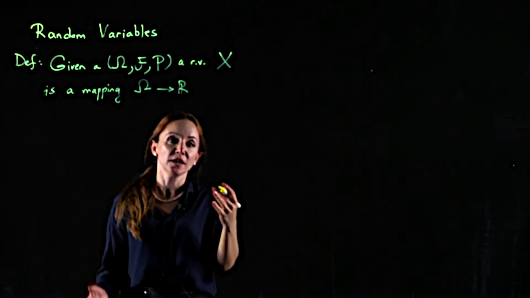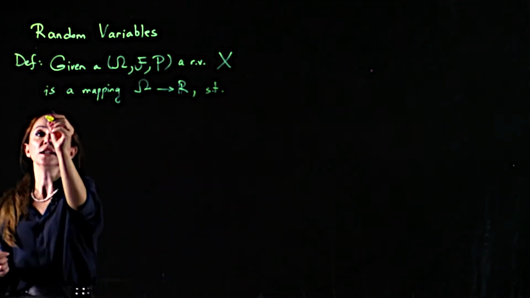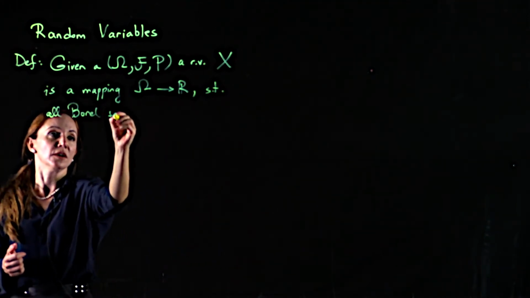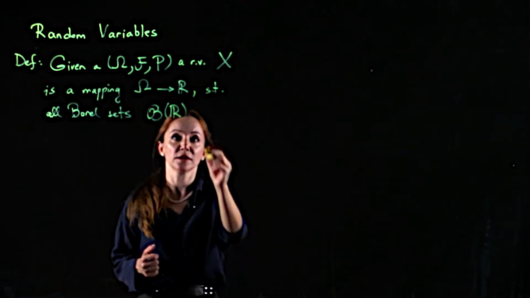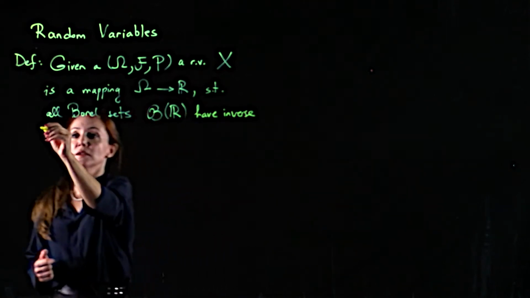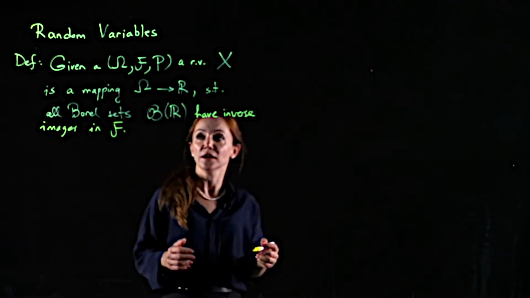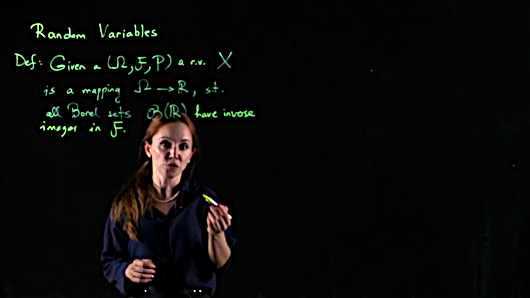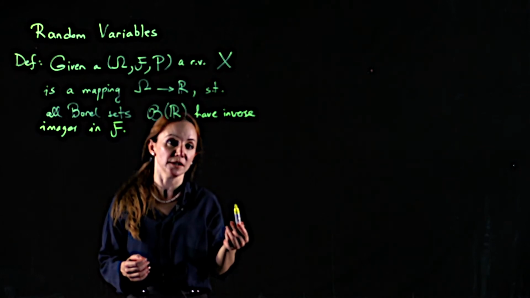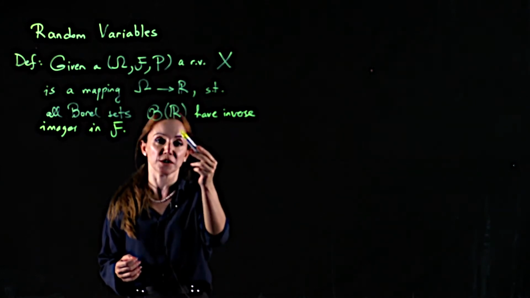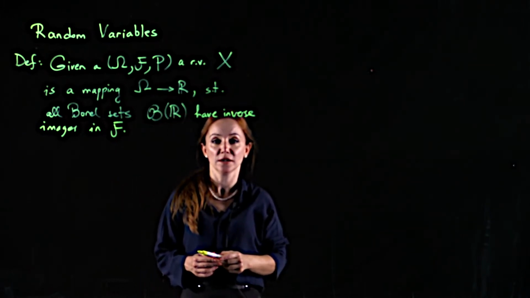But it's such a mapping that it is measurable, by which we mean that all Borel sets defined on the real numbers have inverse images in the sigma algebra F. That is, when we have a mapping, in order for it to be a well-defined random variable for our probability space, we have to be able to measure the probabilities of all the inverse images going from the value of the random variable back to the sample space.